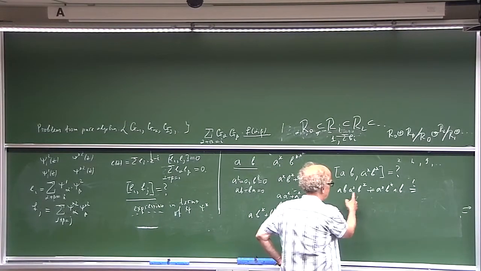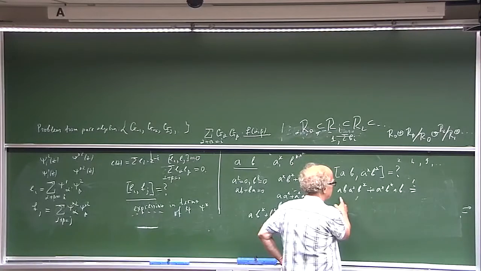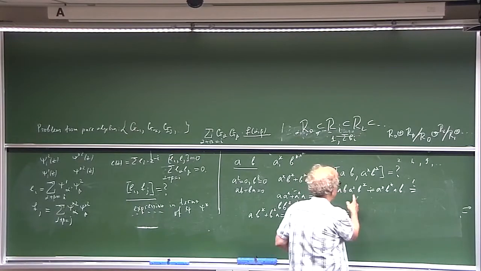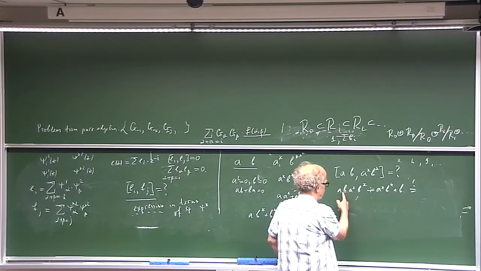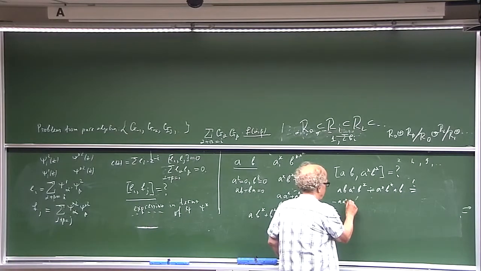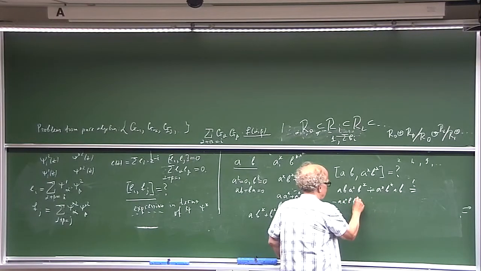Okay, maybe it means I can do it by myself, but let us first do it in two different ways. First, directly, I want to put A in the first position, and so it will be minus A star, B star.